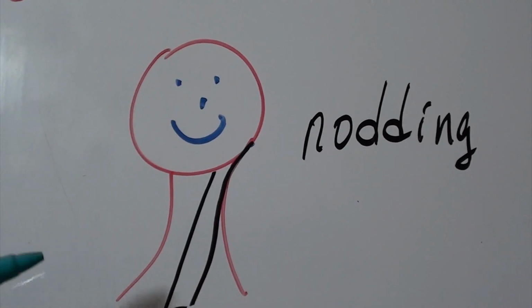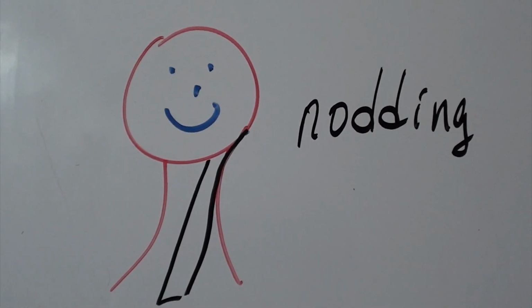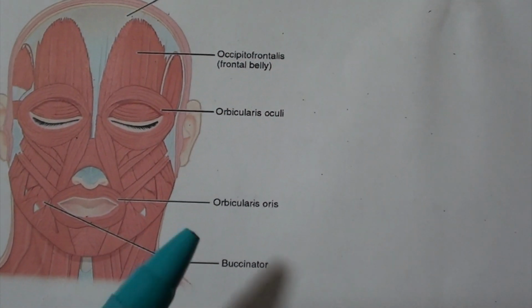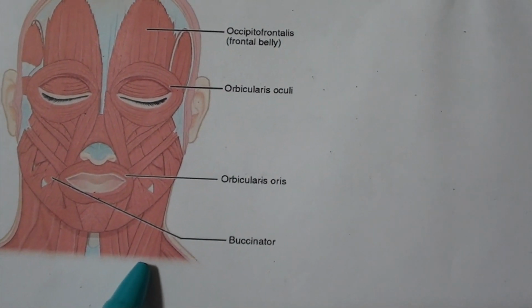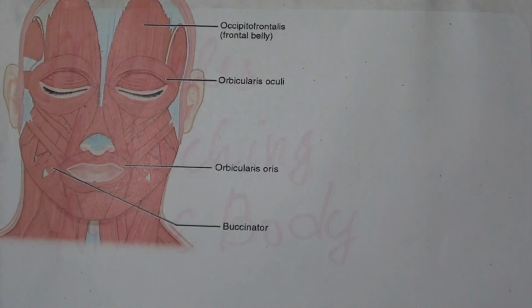If you touch the side of your neck and nod, you will feel the sternocleidomastoid. It's shown a little bit in this picture right here. This one is the sternocleidomastoid, but it extends much longer.